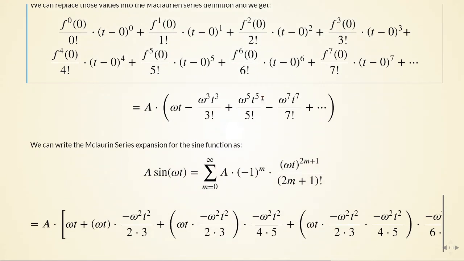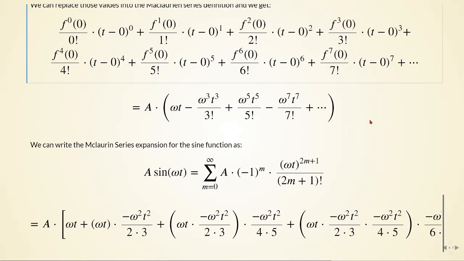Another way to write this is the Maclaurin series expansion by this formula here. In this case, for the sine of omega t, it will be the sum, this is the amplitude. Here we have minus 1 to the power of m, and we have these coefficients of omega t, and we have the factorials.